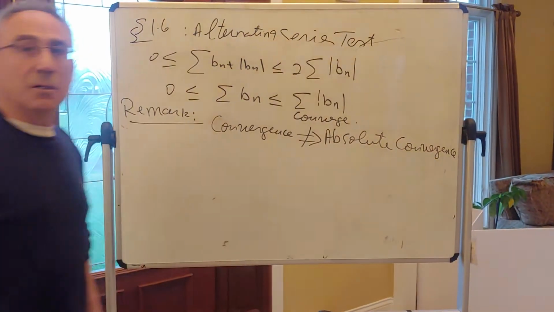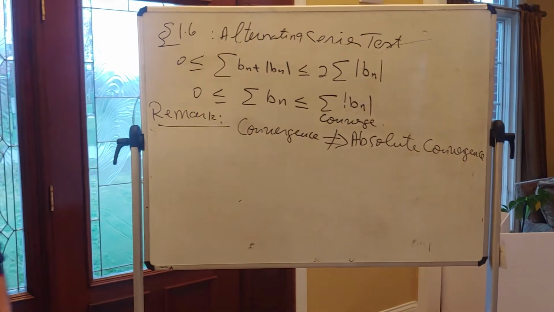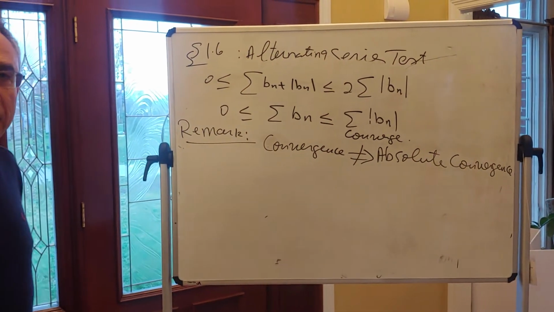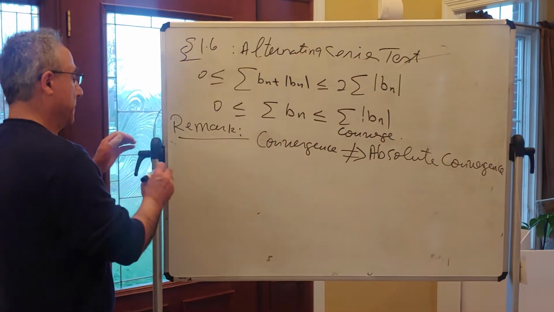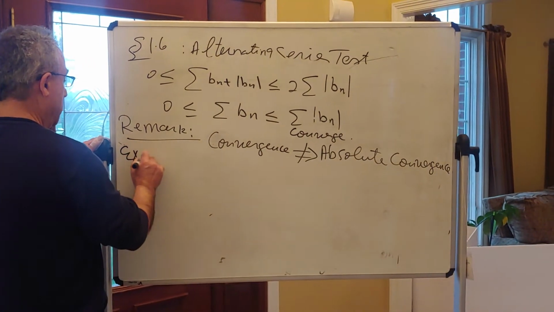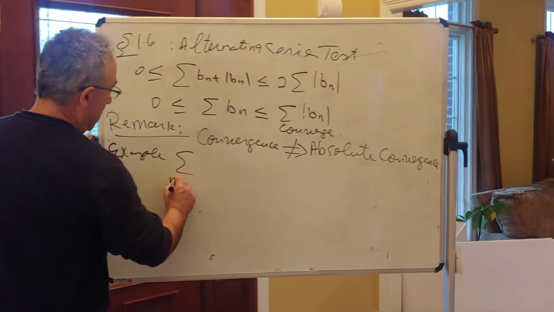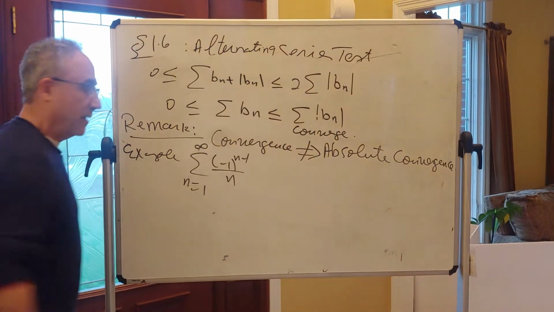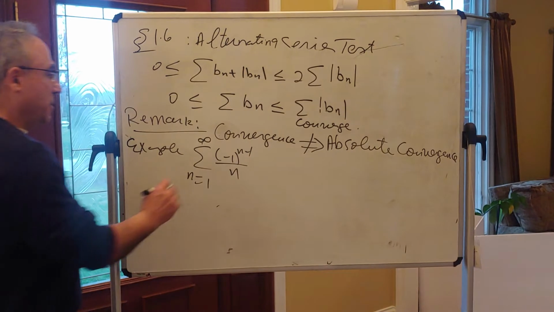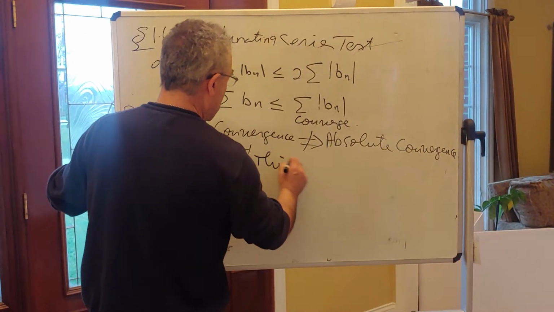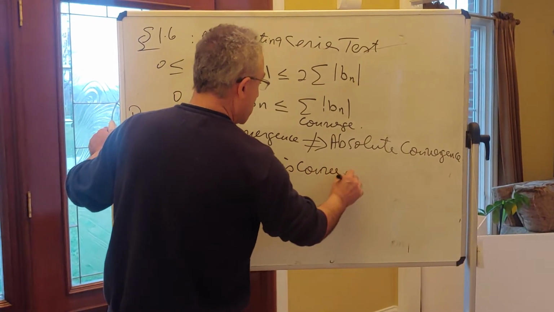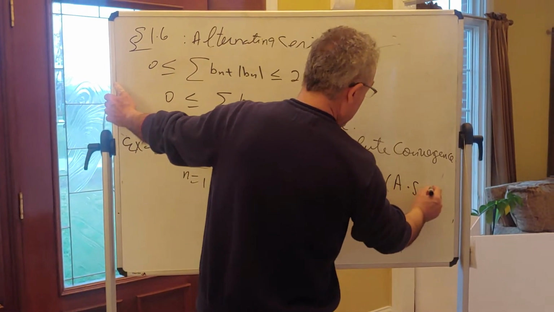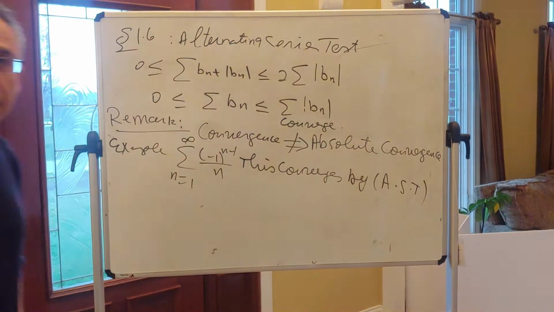All right, and here is an example. The sum from n equals 1 to infinity of minus 1 to the n minus 1, over n. We showed this converges by the alternating series test. Is that right?